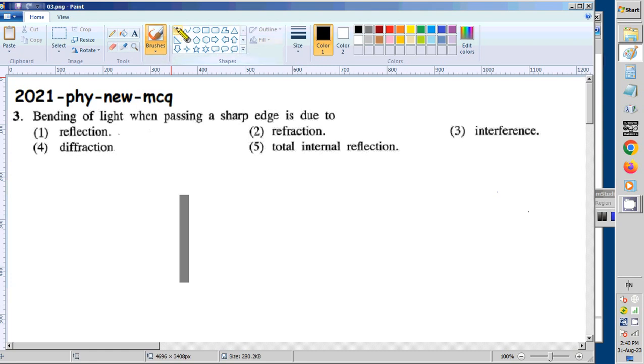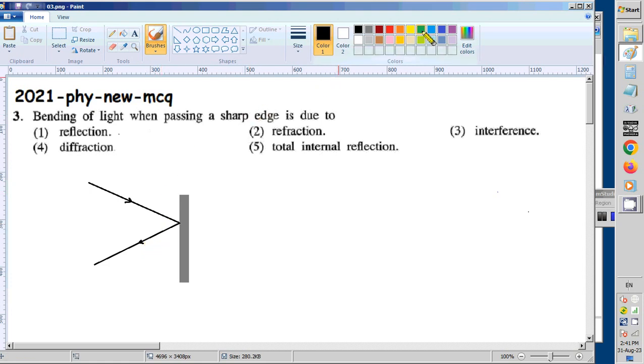If an incident ray falls on this boundary, what happens? It changes its direction and stays in the same medium, like this. That phenomenon is called reflection.